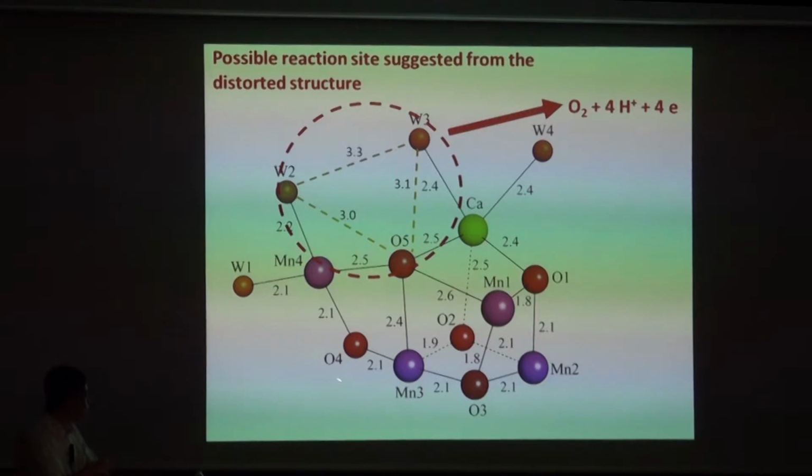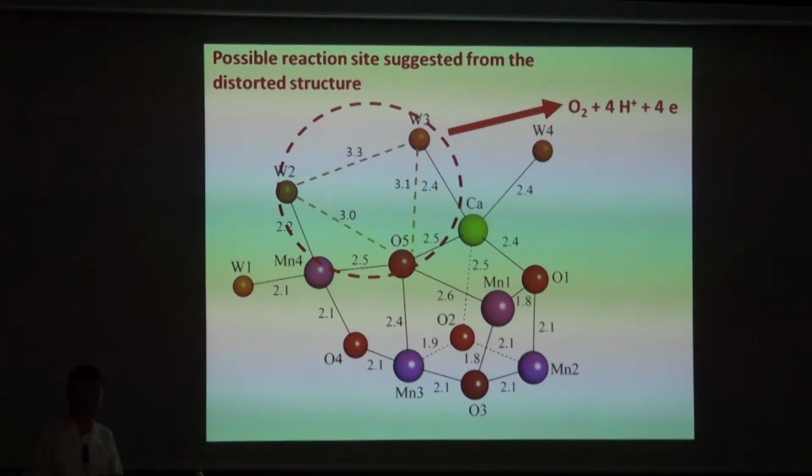The other four metals are manganese ions, and different from the manganese ions, the calcium ion cannot undergo redox changes, and the valence of calcium cannot be changed easily.